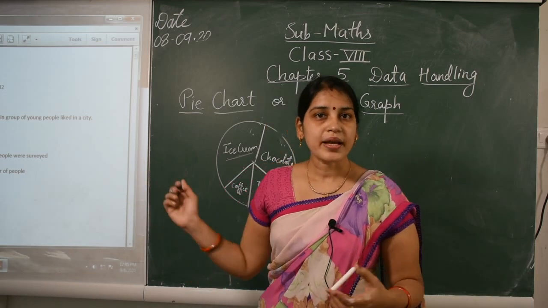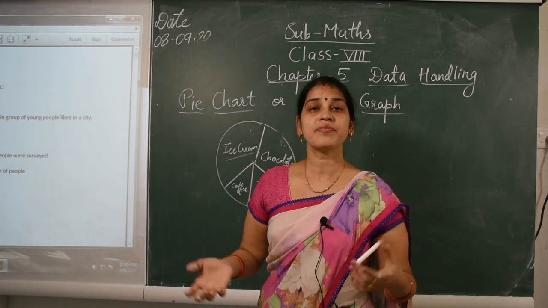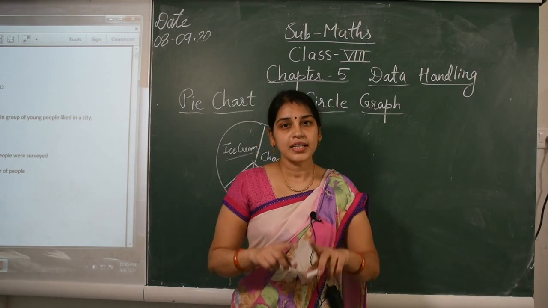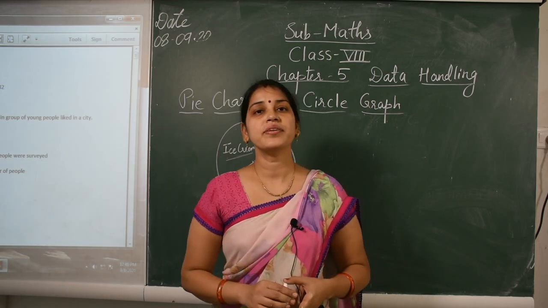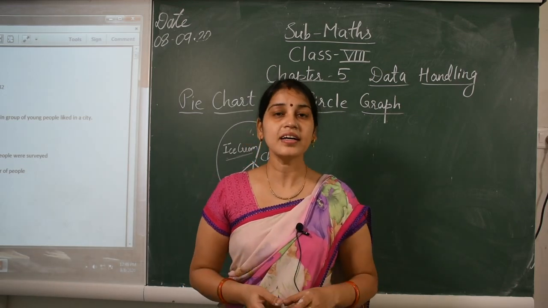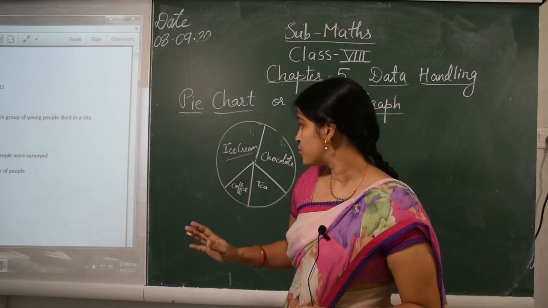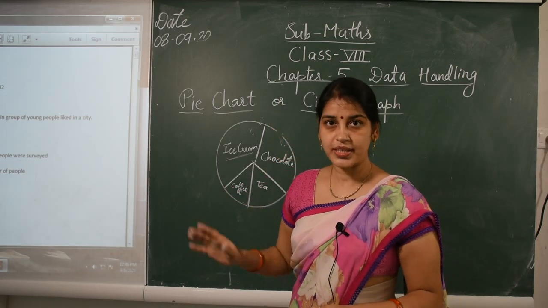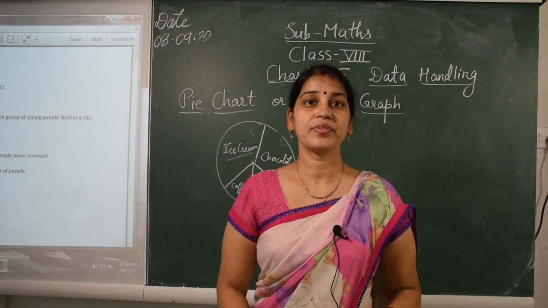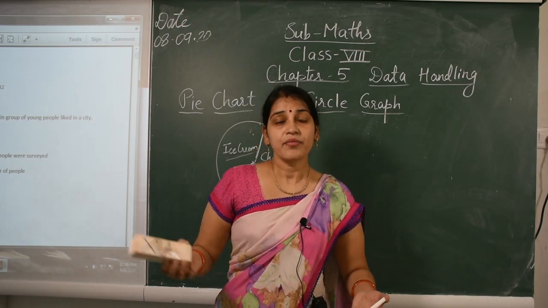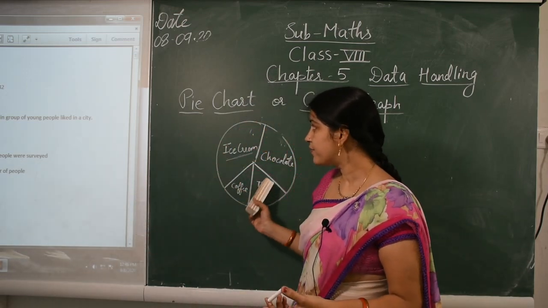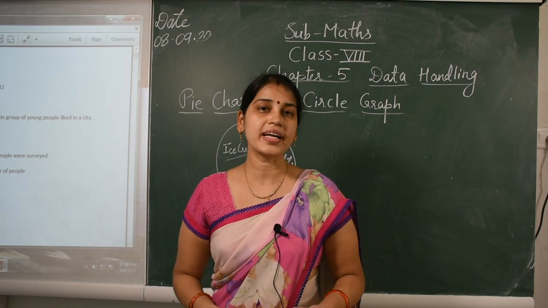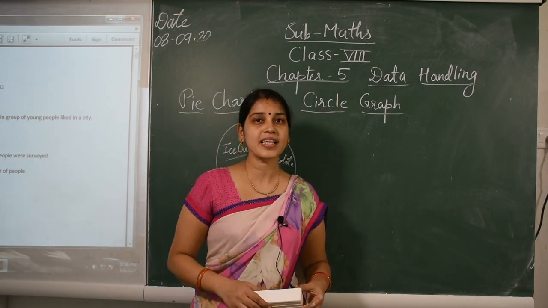This type of question you have in the exercise, whenever you are given the pie chart and you have to answer the following questions. We can easily do it by examining the graph. Now, when you are already given this type of pie chart, then easily you can give its answer.